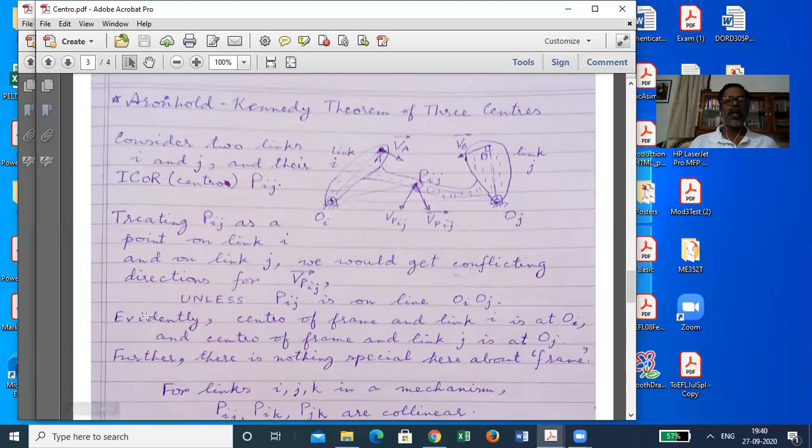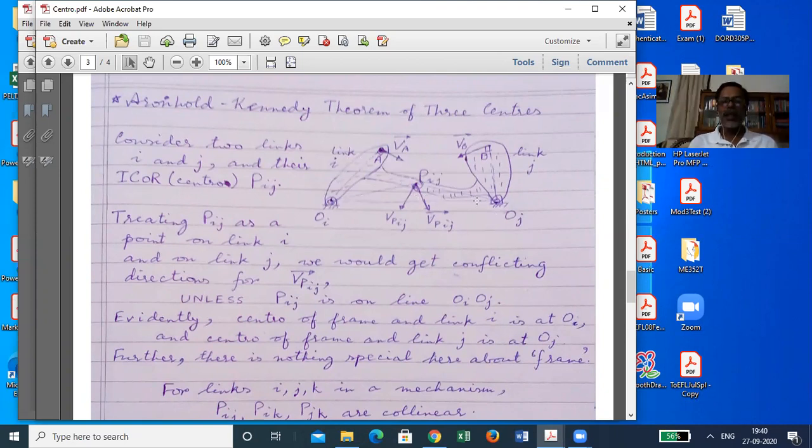So centro of frame and link I is at OI, centro of frame and link J is at OJ, and there is nothing special here about frame. This could be any link of the mechanism, which for this limited discussion we could treat as frame. So any link here, say link K and link I and link J, between these three links there will be three centroids, Pij, Pik and Pjk.